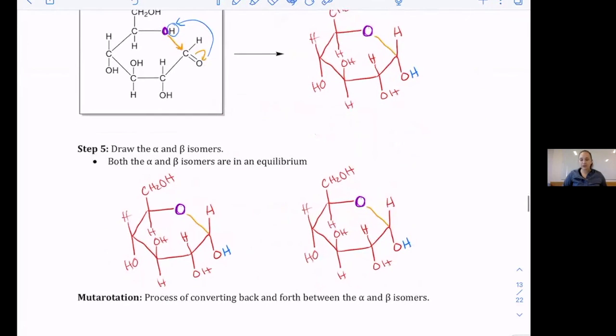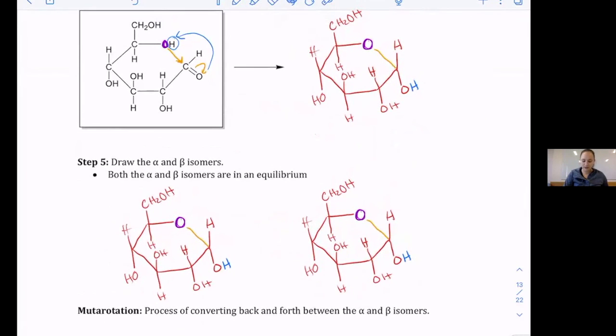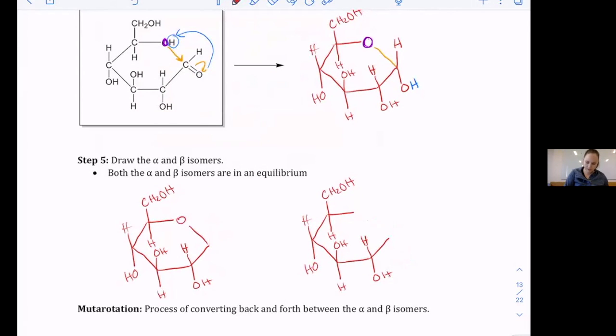So I showed that the oxygen goes down when we do this. Actually, we're going to switch these colors around real quick so that everything's just red except for this alcohol here. I'm going to erase this hydrogen. There we go.